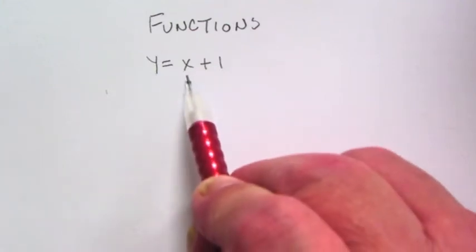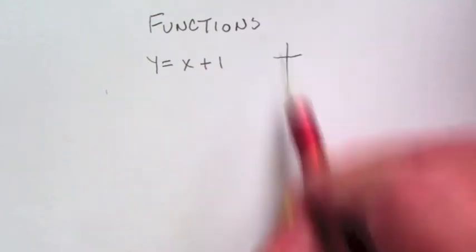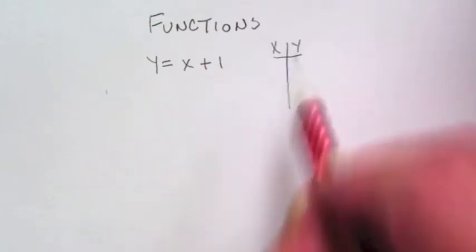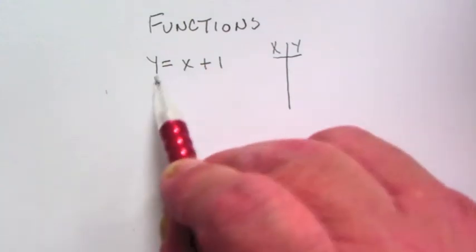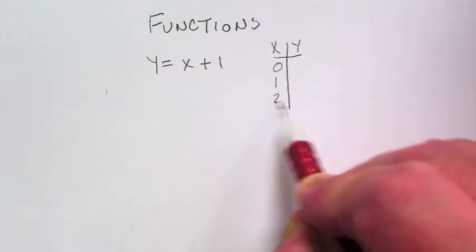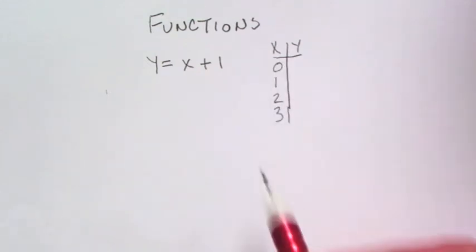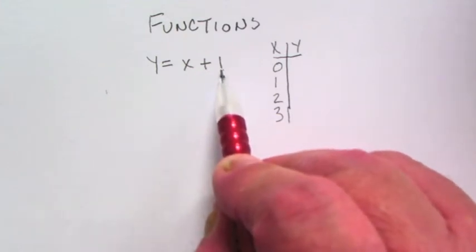We know from years ago that we could put in a t-chart with an x and a y, and we could put in some values for this x and see what y's we get. We could put in 0, 1, 2, 3. If we put a 0 there, we'd have 0 plus 1 is 1.